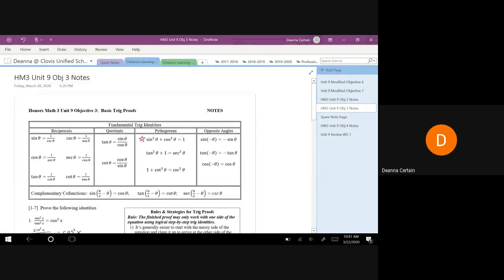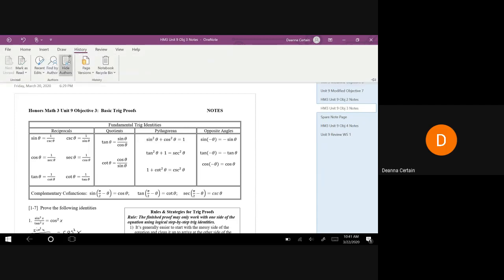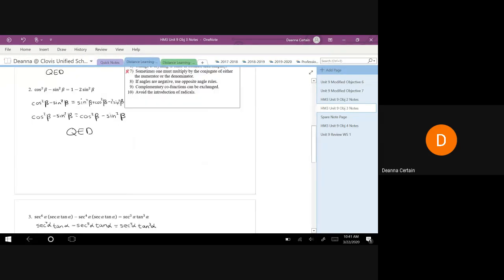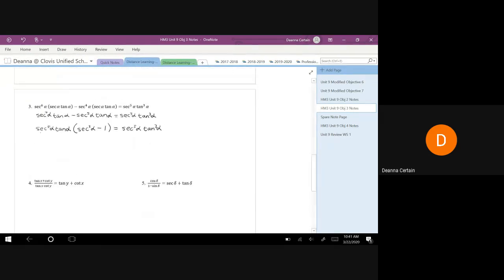And so then I go back and I look at my trigonometric identities here, and I notice that my secant squared is the same thing as tangent squared plus 1. Right, so I could come down to number 3, and in my secant squared, I could substitute in tangent squared plus 1.